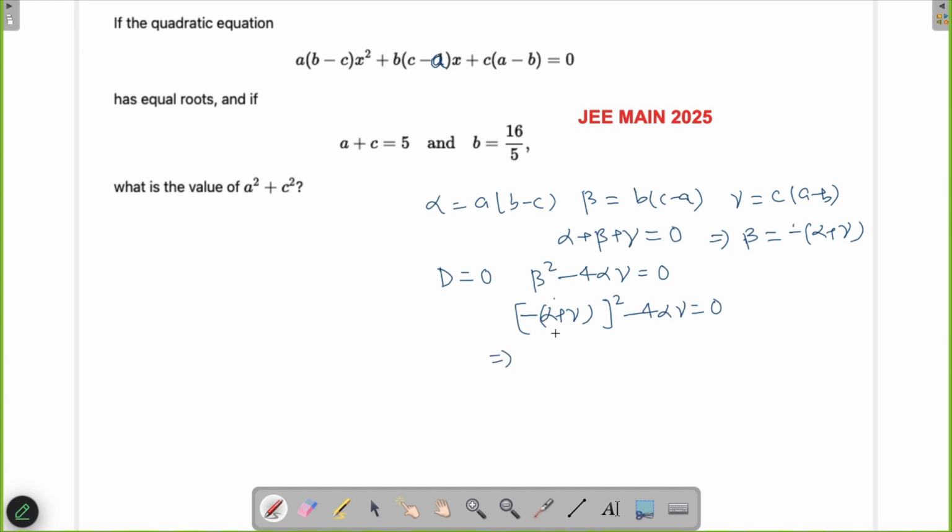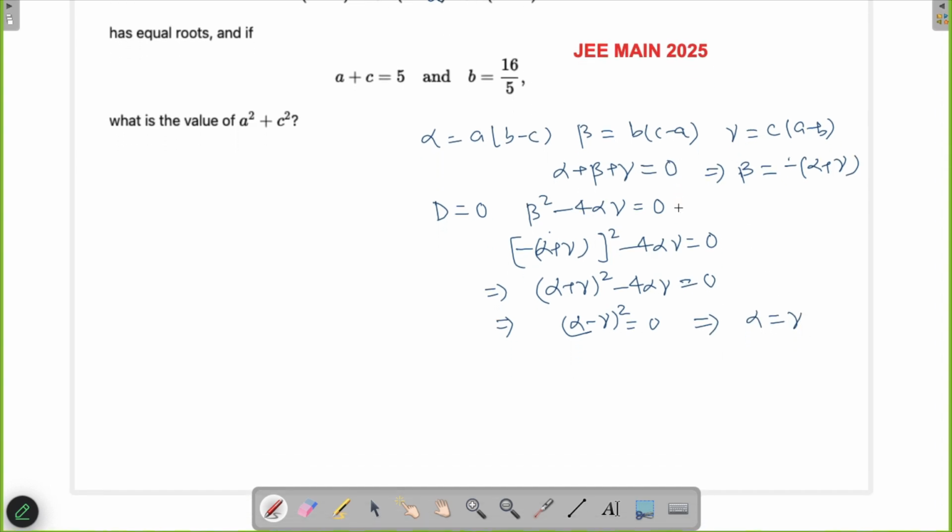From here, we get (alpha plus gamma) whole squared minus 4 alpha gamma, which is itself an identity, equal to (alpha minus gamma) whole squared, which is equal to 0. This implies that alpha is equal to gamma.